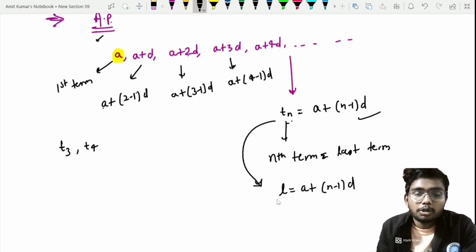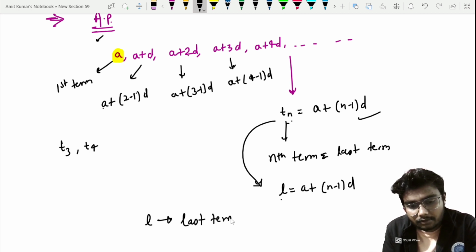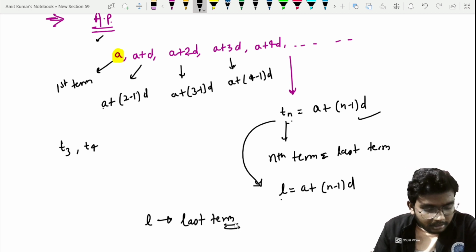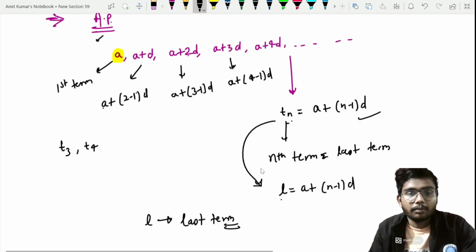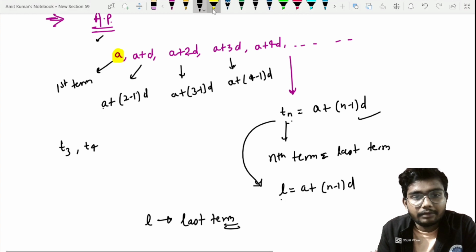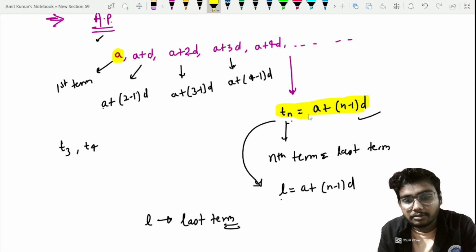Understood? So this L is the last term. Fine. In this way we can remember one formula from here. If you have to find the nth term, you can use this formula: Tn equal to a plus n minus 1 into d.